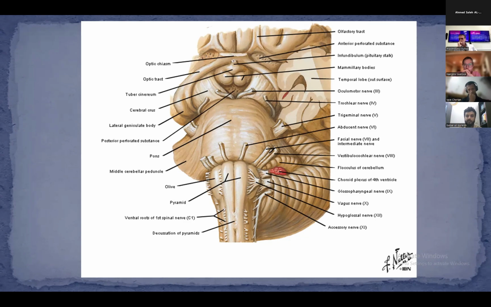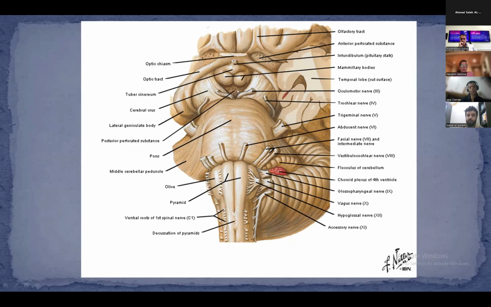So anteriorly, what we can see here is the cerebral crus. These are collections of fibers, corticospinal tracts, which connect the cortex to the spine. In between them, there is a small space. This is the interpeduncular space, which is occupied by the posterior perforated substance.